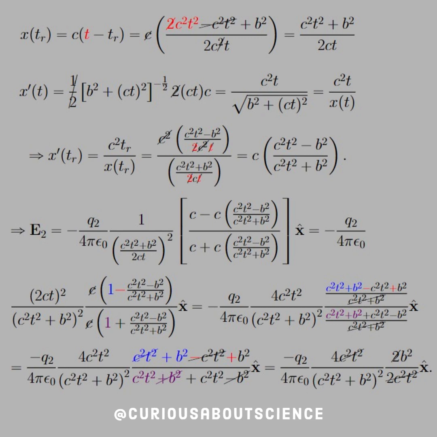We see that the 2c squared t squared and that reformulated denominator cancels with the 2 for the b squared and the c squared t squared from the numerator, from the 1 over x evaluated at t_r. You see all the algebra there. Let it simplify down.